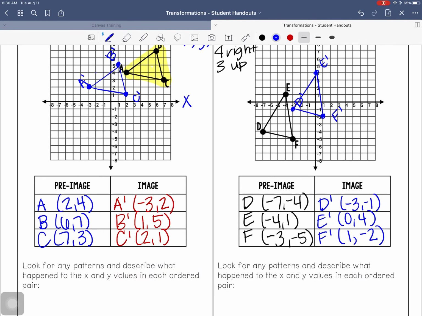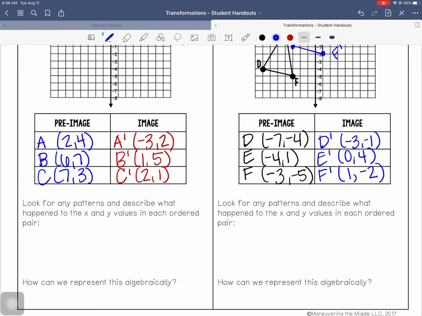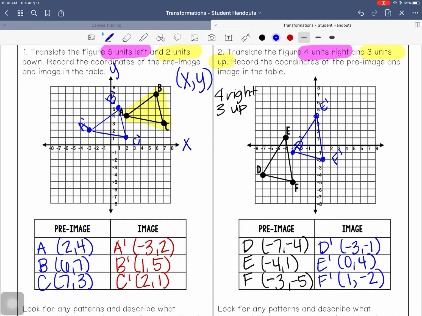Let's look down a little bit. We're going to compare these pre-images. There are actually rules for translations. It says on this first one, look for any patterns and describe what happened to the X and Y values in each ordered pair. Let me remind you, this one was 5 left and 2 down.